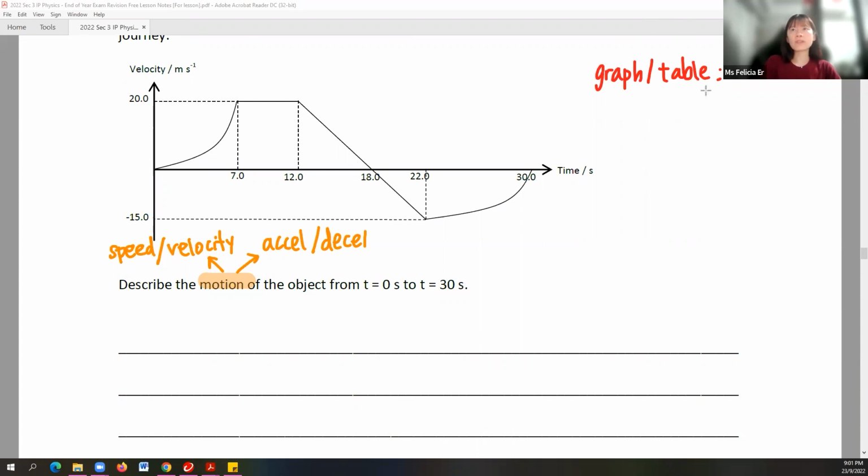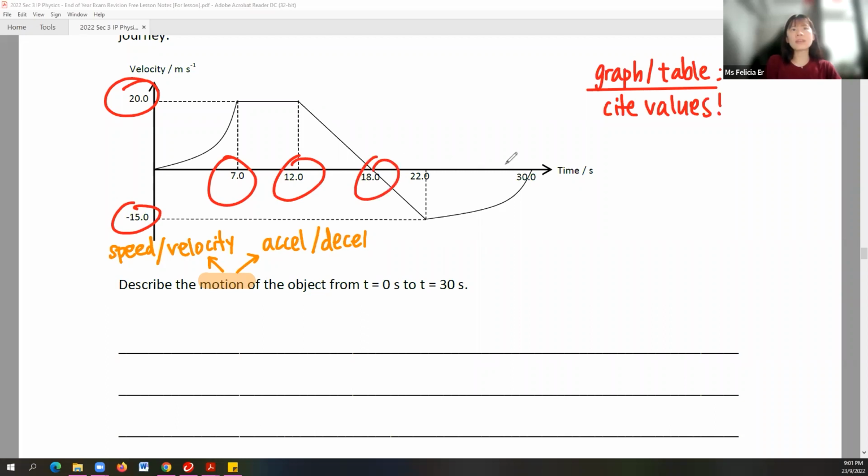You must always cite the values, like 27, -15, 12, 18 and so on, to show that you are answering in context. If you don't have numbers, you will get 0 marks. Write it in, very important.